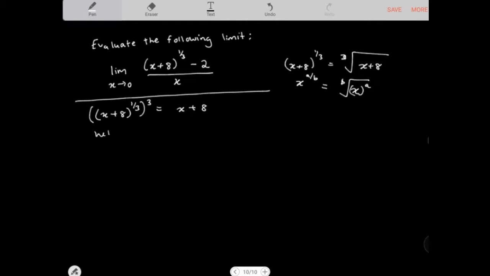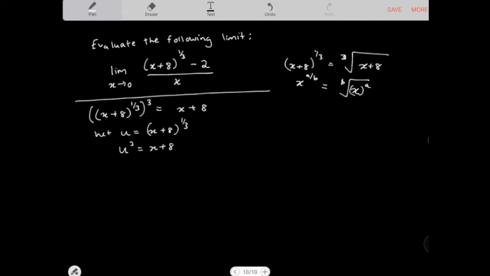So I'm going to let u equal (x plus 8) to the power of 1/3, just to make it easier so we don't have to keep writing it out. And if I do u cubed, it's going to give us x plus 8.